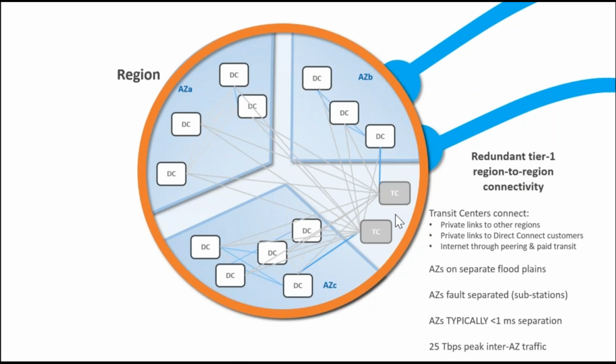So initially we saw Amazon's presence globally in multiple regions, and under each region you see multiple availability zones, and under each availability zone you see multiple data centers.